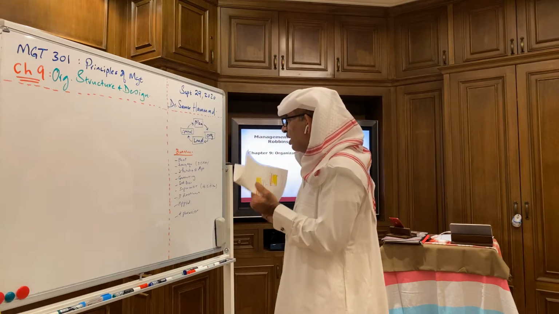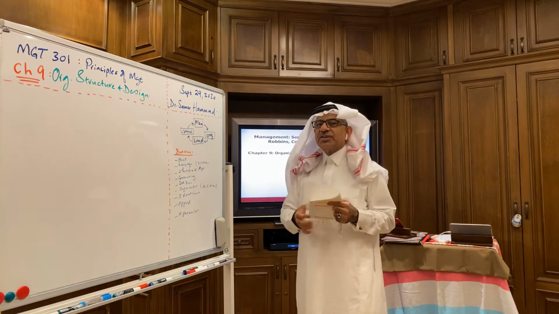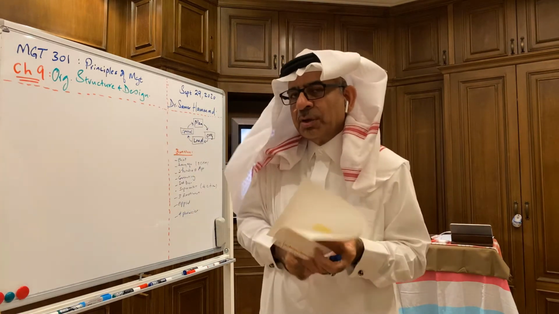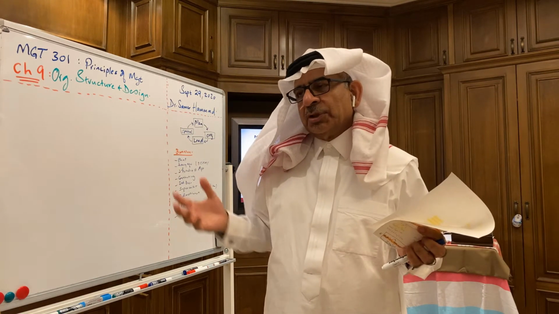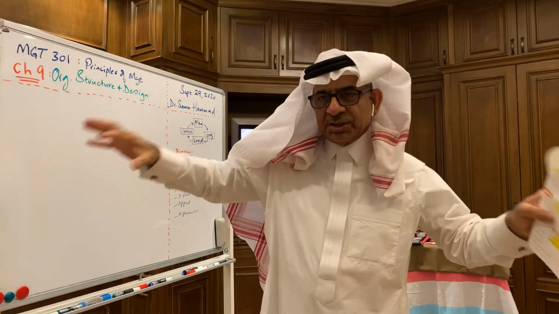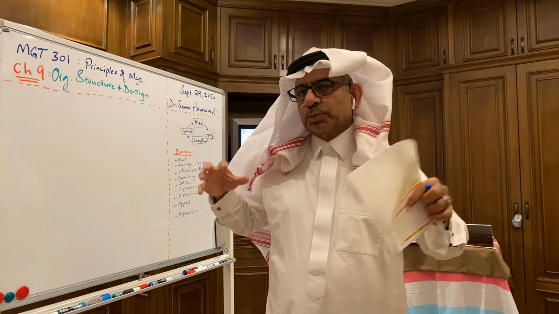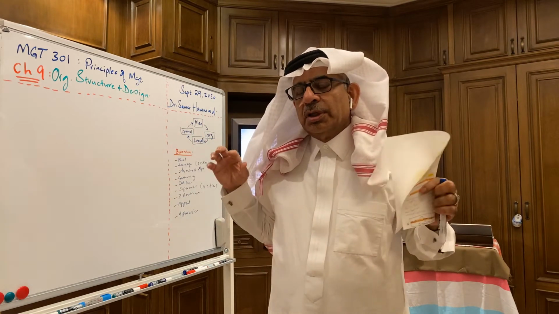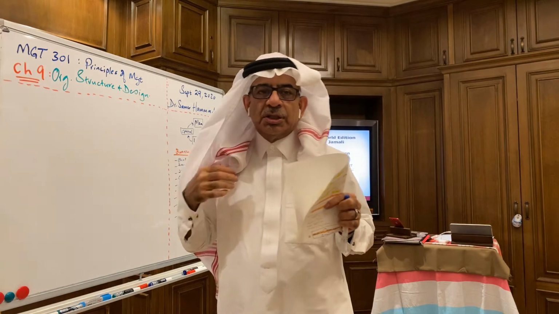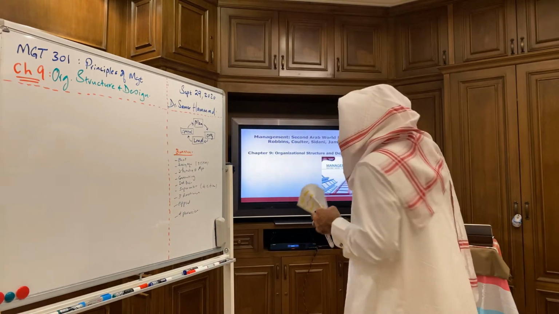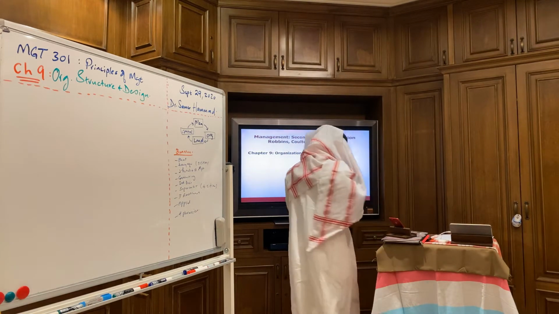Now, if you have all these kinds of activities, how would you organize your company? On what terms? Do you put them according to function, to location, to process? How would you do it? In this chapter, we are going to see what is the science behind organizing your company or your establishment.